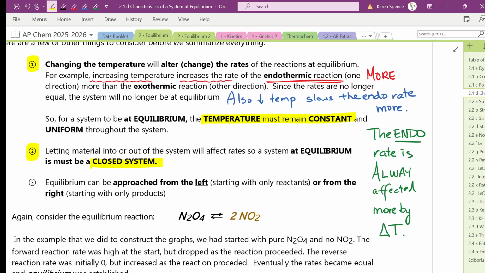All right, so we're going to have one little dish here.